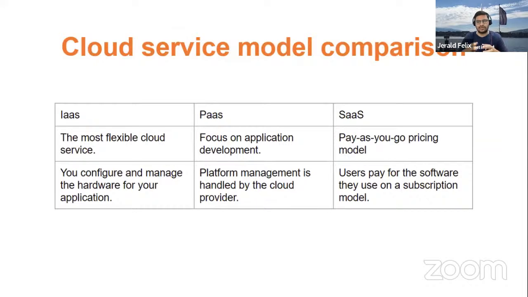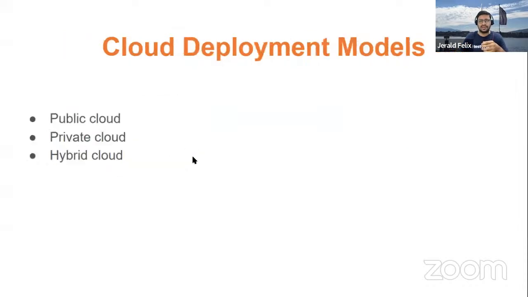Next comes the cloud deployment models. In cloud, we have three different cloud deployment models: public, private, and hybrid cloud. When we speak about public cloud, Azure, AWS, GCP, these are the enterprises which provide public cloud offerings for other communities, for example, for companies.